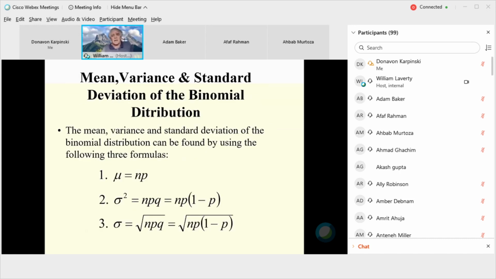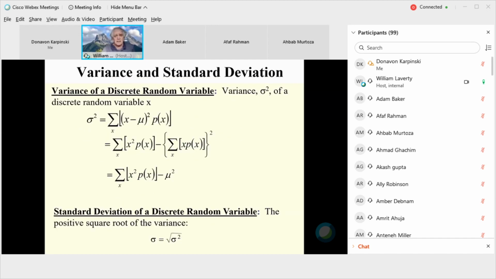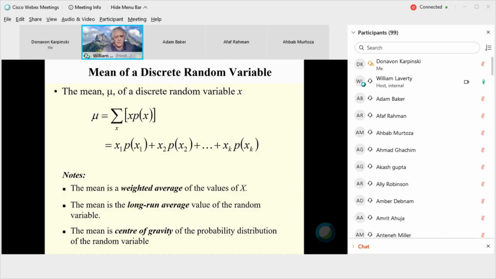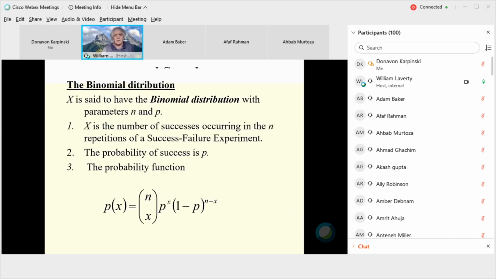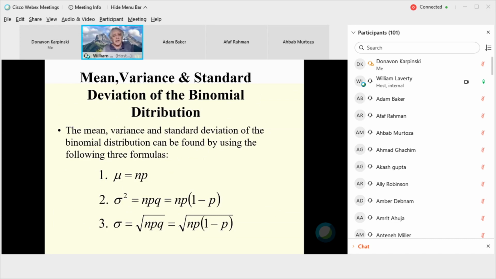The mean and variance. Now, the mean and variance could be calculated by these formulas using the value for p of x, but mathematically, it can be shown that the mean for a binomial random variable is simply n times p. This is a simple way of calculating the mean, n times p.